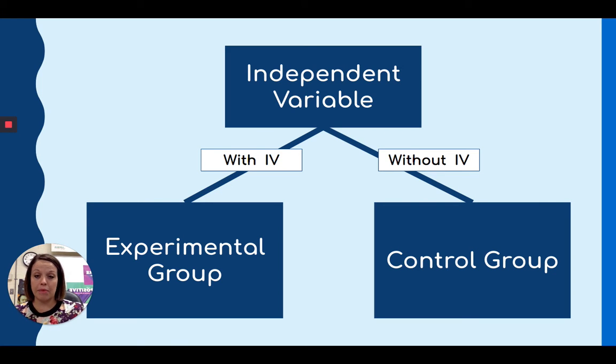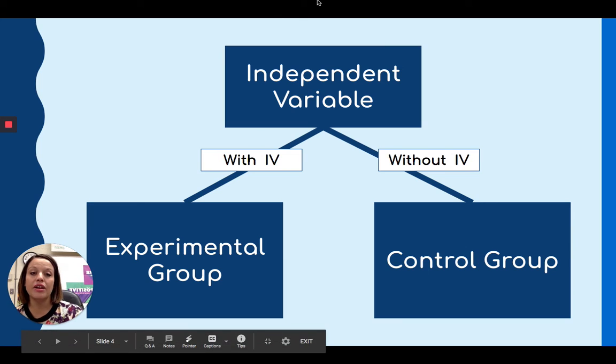So let's take an apple a day. If I want to know if the superstition an apple a day keeps the doctor away is true, my independent variable would be, you guessed it, eating an apple every day, okay? So if I eat an apple, then I will go to the doctor less because eating an apple a day keeps the doctor away, maybe.